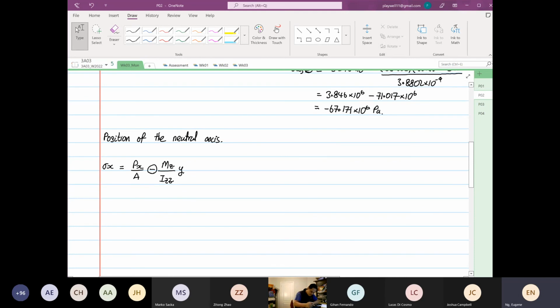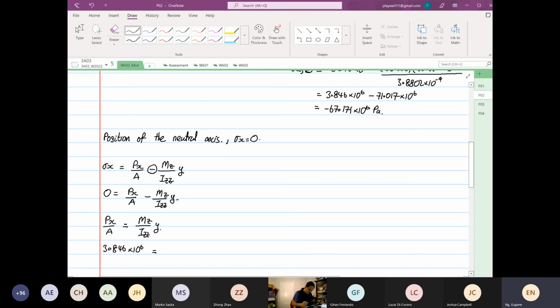At the neutral axis, the stress X must be equal to 0. So 0 equals P_x over A minus M_z over I_zz multiplied by Y. So P_x over A equals M_z over I_zz multiplied by Y. If we use the formula, P_x over A is easy: it's equal to 3.846 times 10 to the power 6.